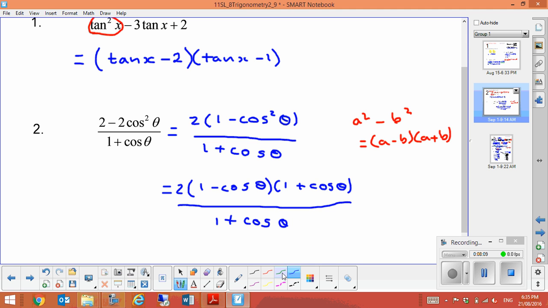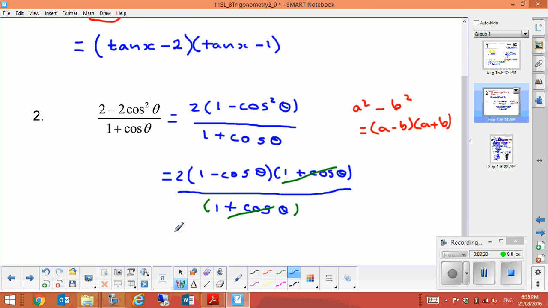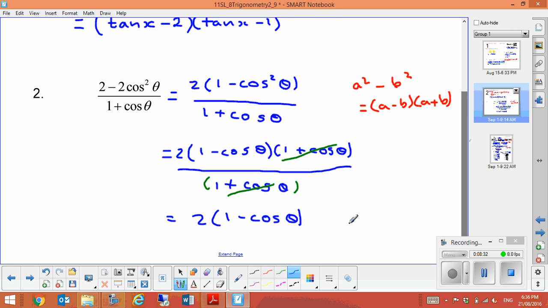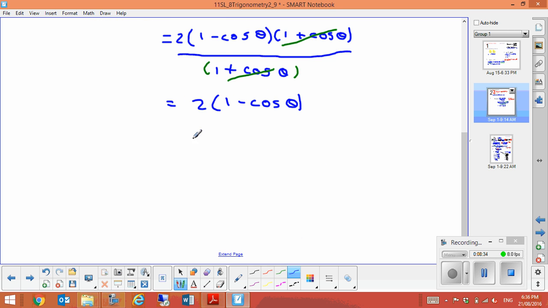Think of this as just one whole thing, and that all cancels with all of that. So that's what we wanted. We're now left with 2 brackets 1 minus cos theta, and we can expand that to 2 minus 2 cos theta.